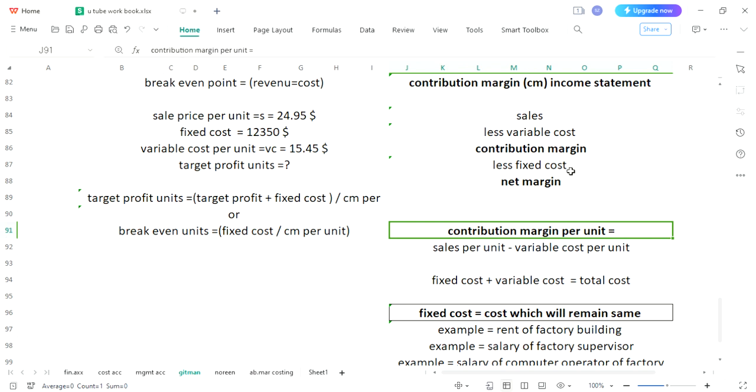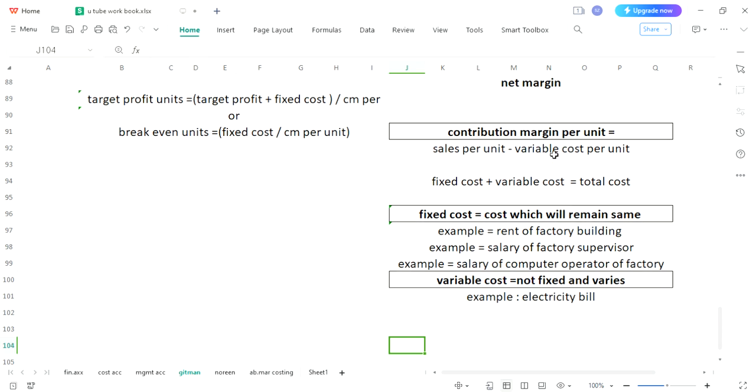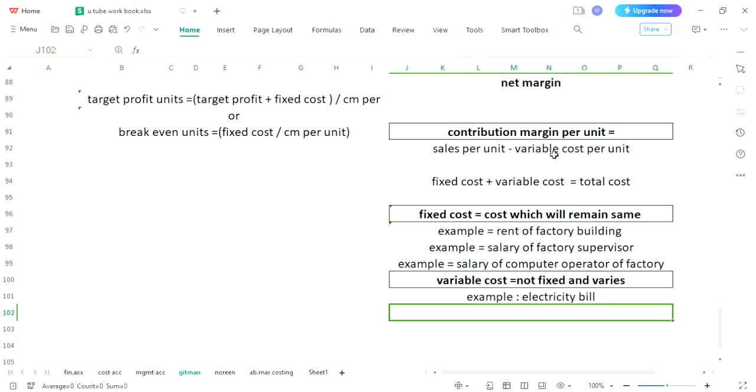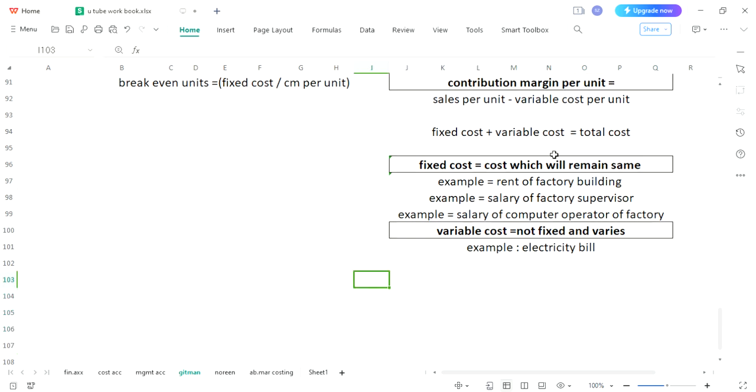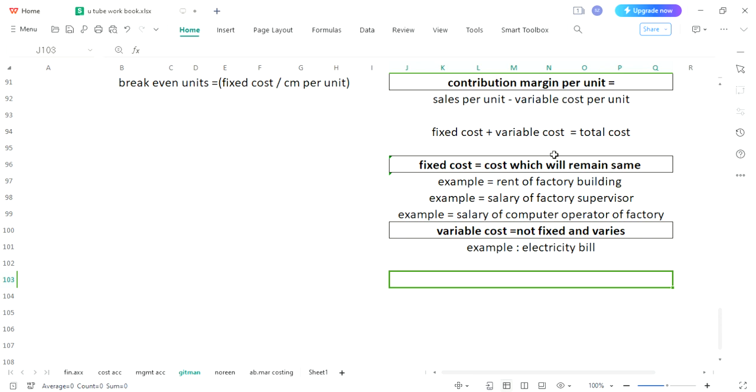Then fixed cost was also explained. Net margin, again, is a formula, not a practical concept. When you subtract your fixed cost from contribution margin, you will get your net margin. We should write it as well. We are now up to our last element, that is net margin.